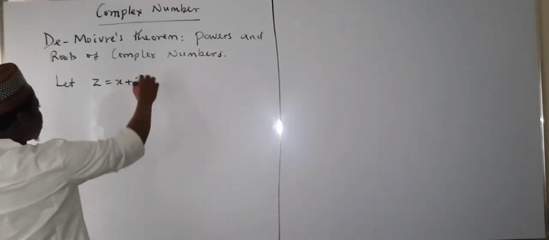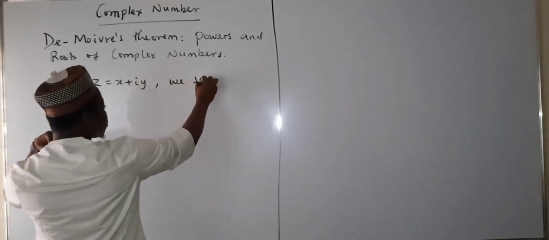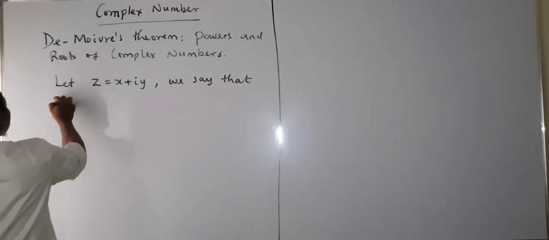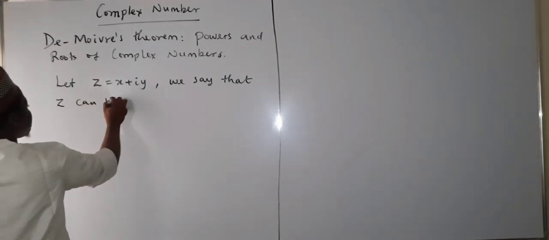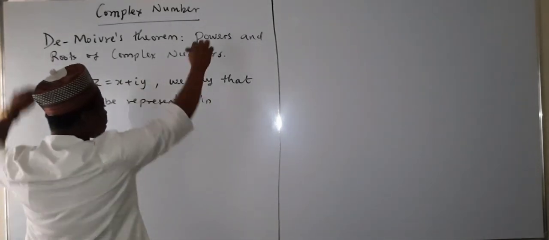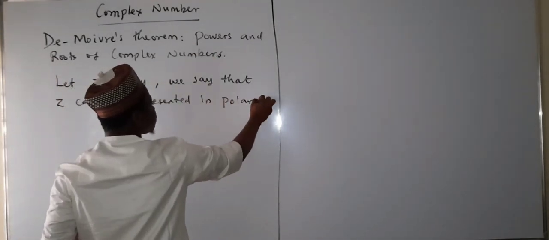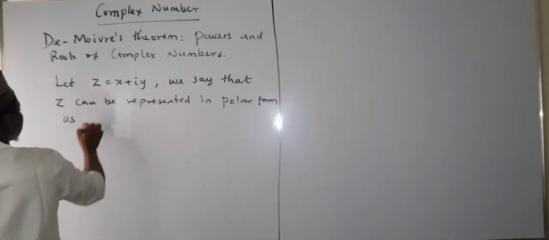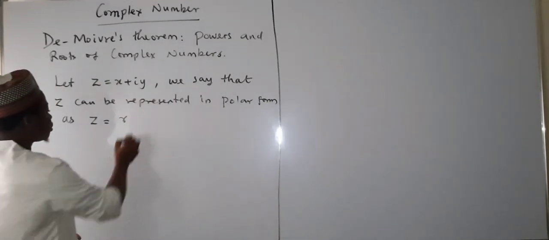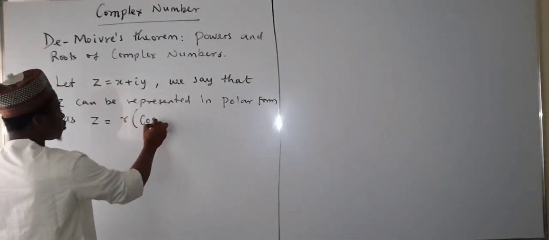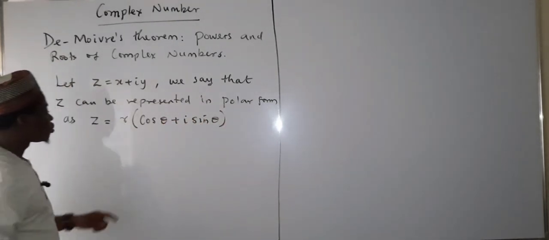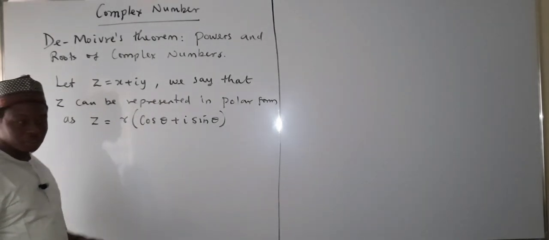And we say that z can be represented in polar form as z equals r, which is the modulus of the complex number, open bracket cos theta plus i sin theta, where theta is the argument of the complex number.